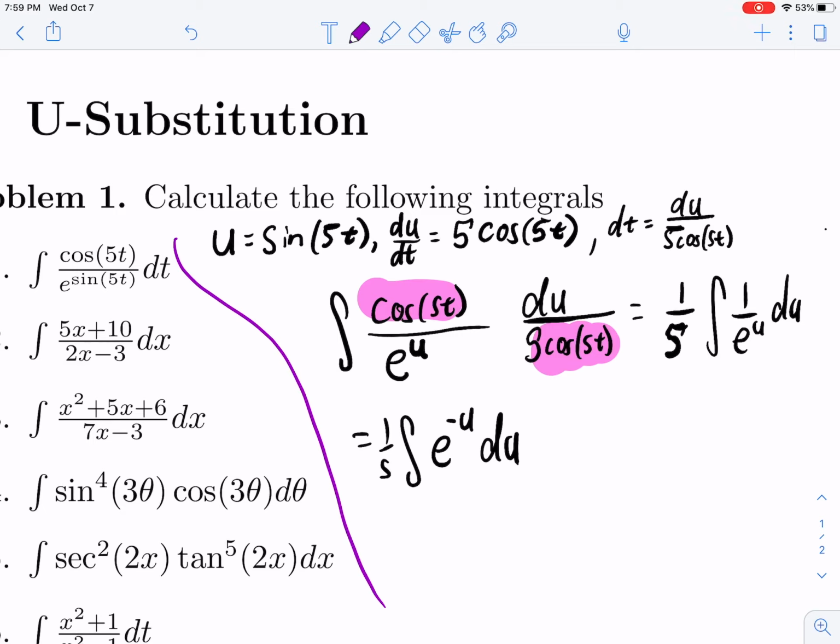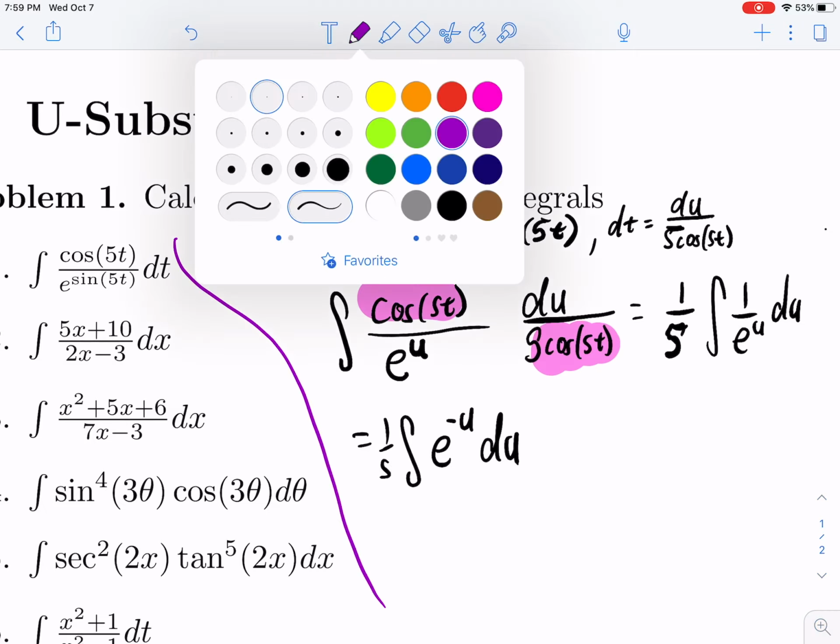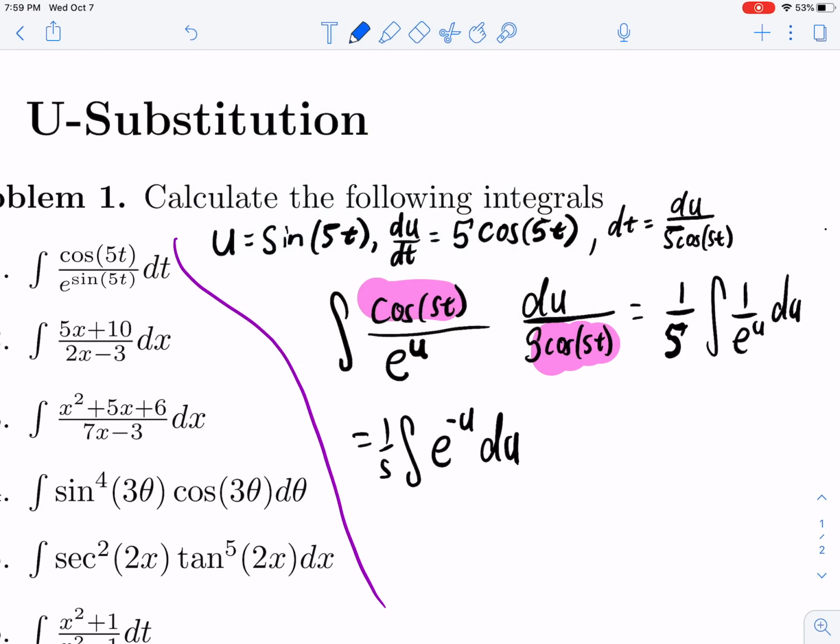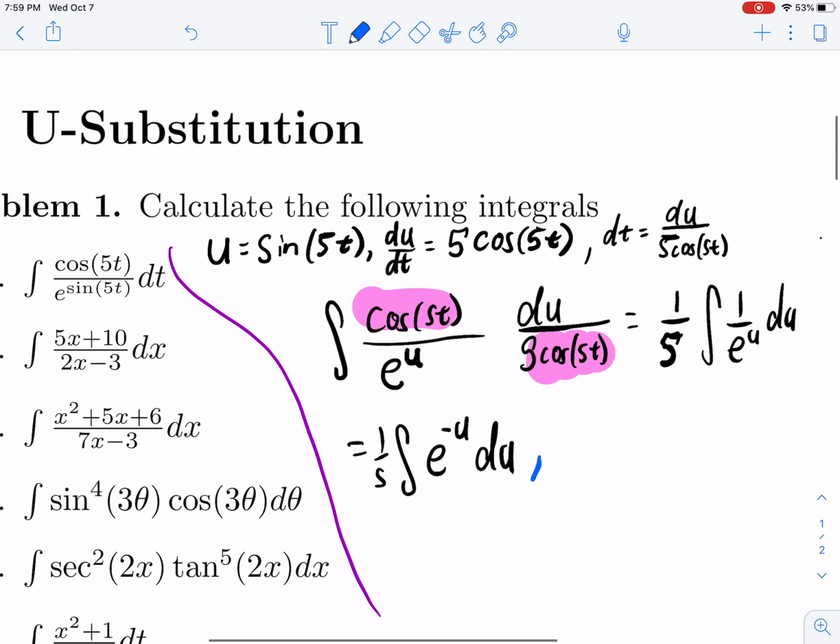But we already did U substitution, so this would be a double U substitution. We can't use U twice. So what would be the right letter to do a double U substitution with? Well, W would be the right letter.